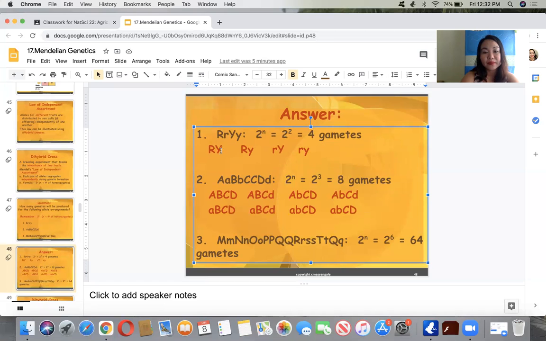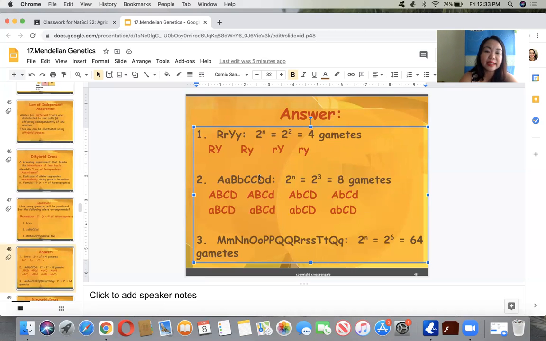If you use the Punnett square, you will have a combination of dominant R and Y, dominant R and recessive y, recessive r and dominant Y, and recessive r and recessive y. This is for the dihybrid cross, meaning you are crossing two different traits.